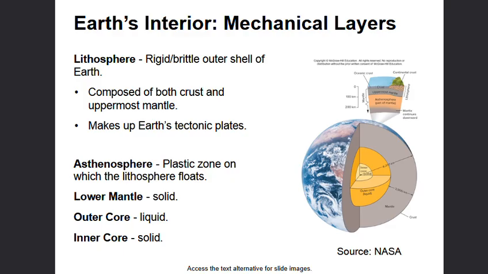So the lithosphere is brittle, has more strength compared to the asthenosphere that is ductile. So the asthenosphere behaves as though it's plastic, and that is why the lithosphere is able to float on top of the asthenosphere.